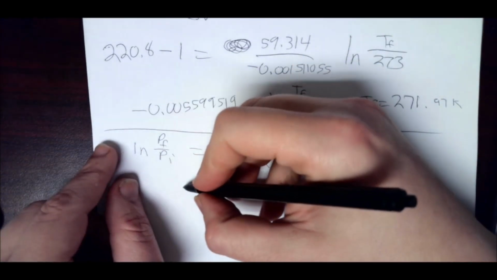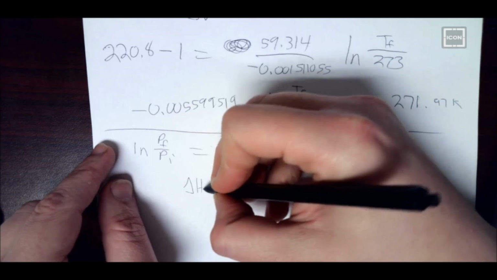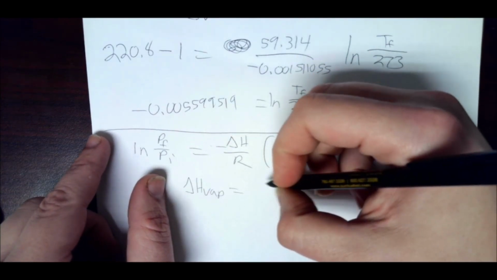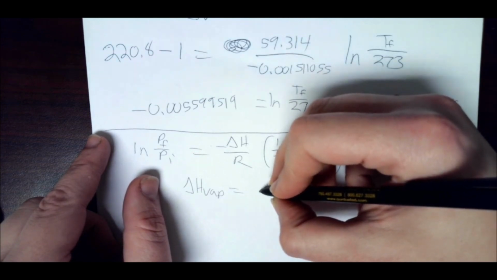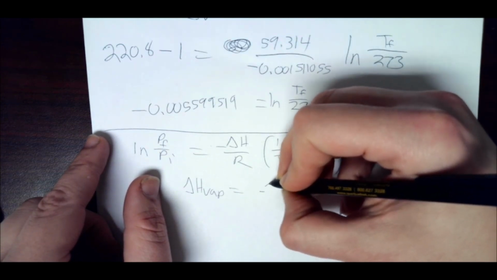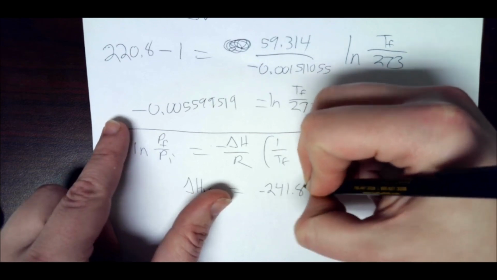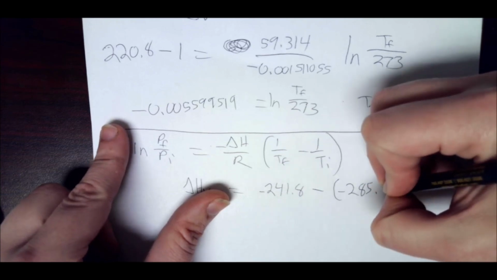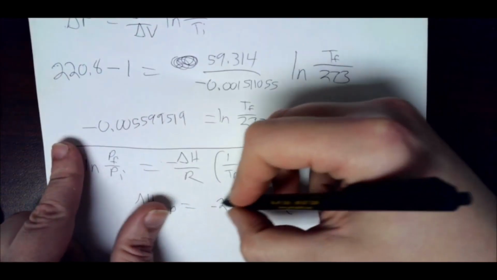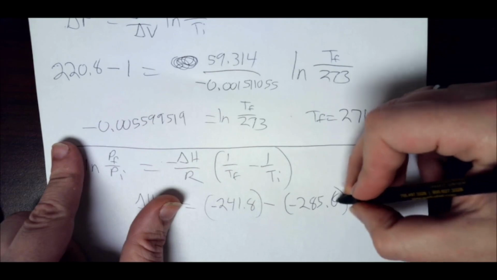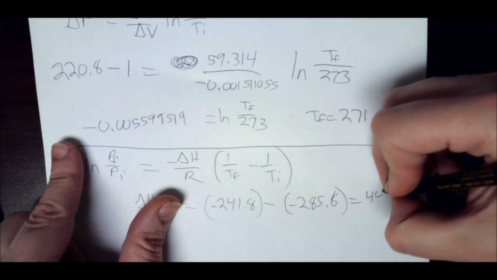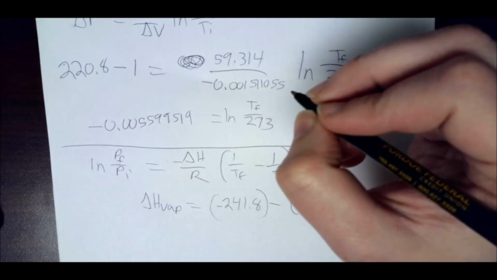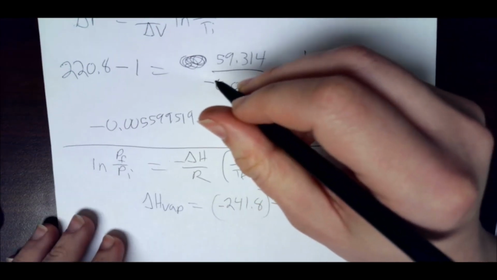So calculate delta H. You can look at the enthalpy of vaporization, the enthalpy of steam minus the enthalpy of water, which would give us our enthalpy as 44 kilojoules.